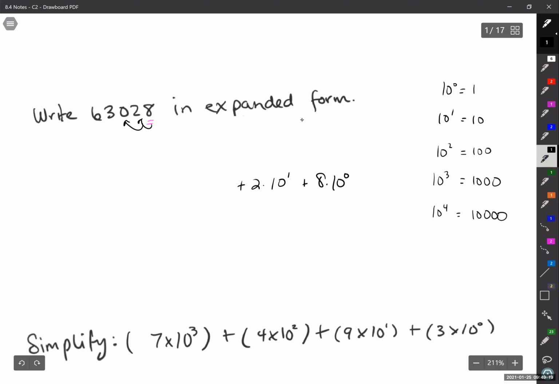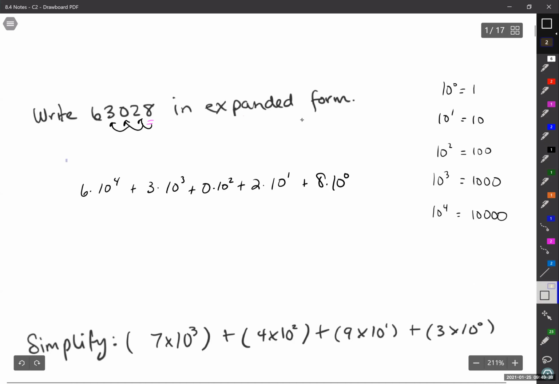As we go over, we move the exponent up by 1. 0 times 10 squared, plus 3 times 10 cubed, and then finally 6 times 10 to the 4th. So exactly right, well done.